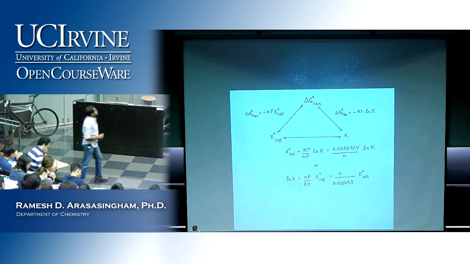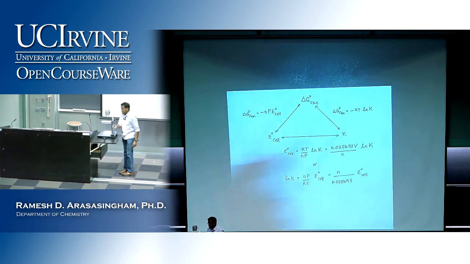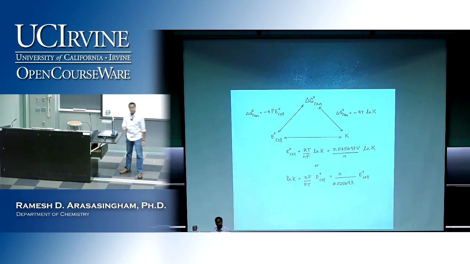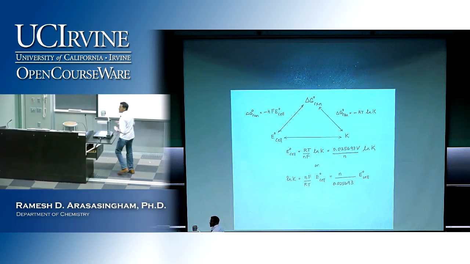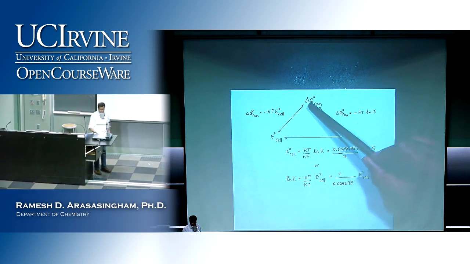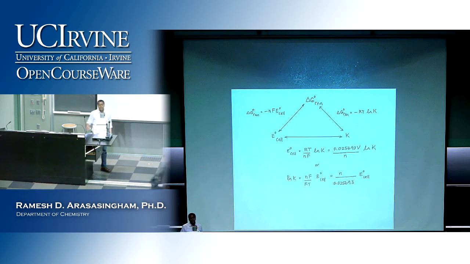The relationship between delta G and the equilibrium constant is delta G equals minus RT ln K. The relationship between delta G and cell potential is delta G equals minus nF E naught cell. And the relationship between the cell potential and K is the equation that we derived today.